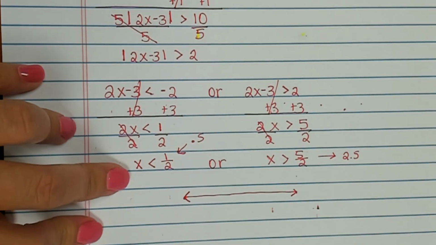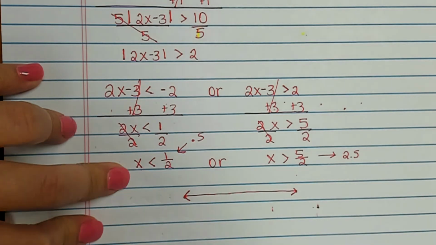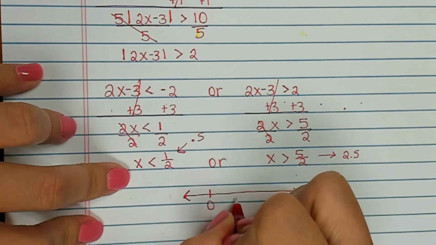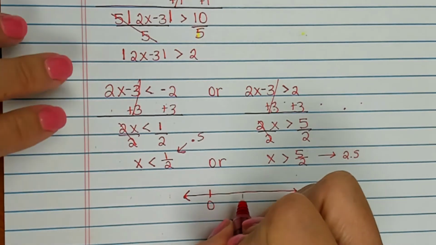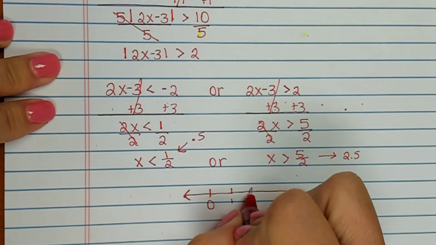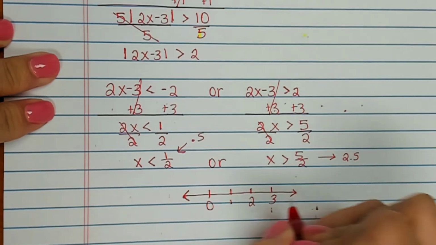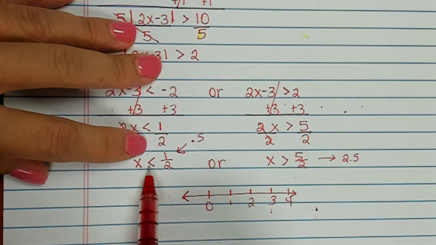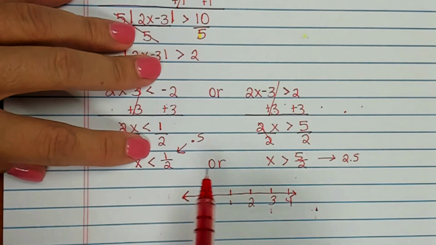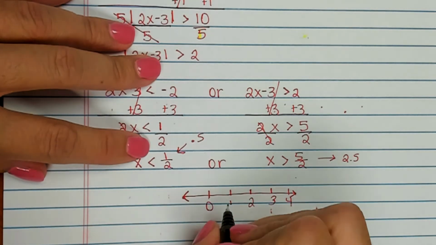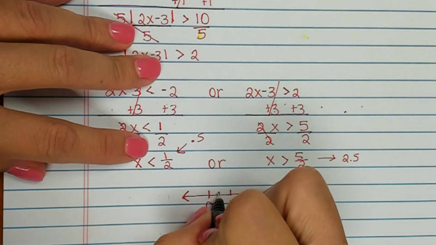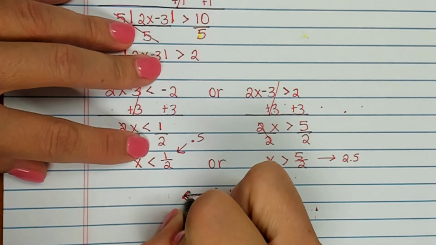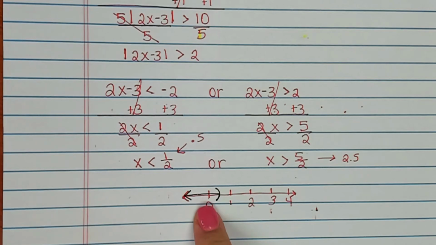So if I were to graph this, I would start with 0, 1, 2, 3, 4. This has x is less than 1/2. My 1/2 would be right here, and if I'm going less than, it would go that way.